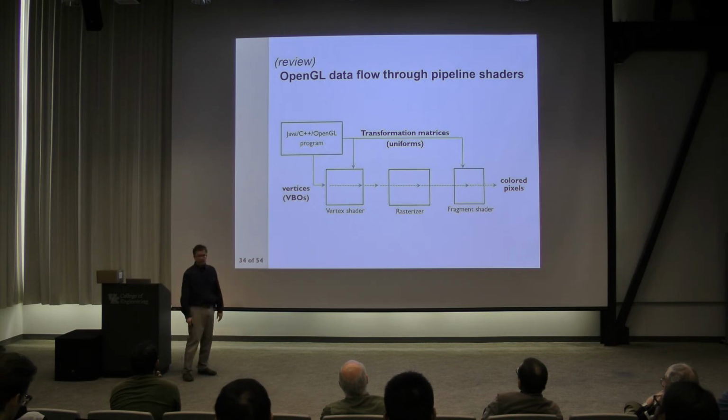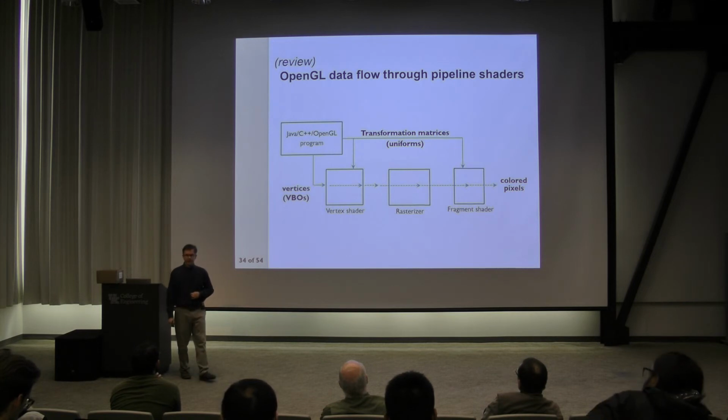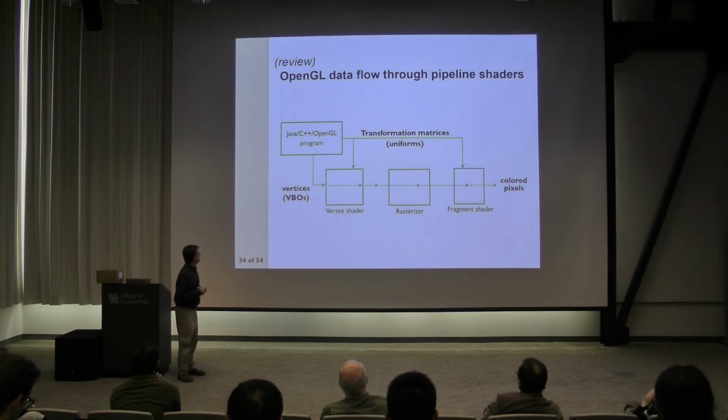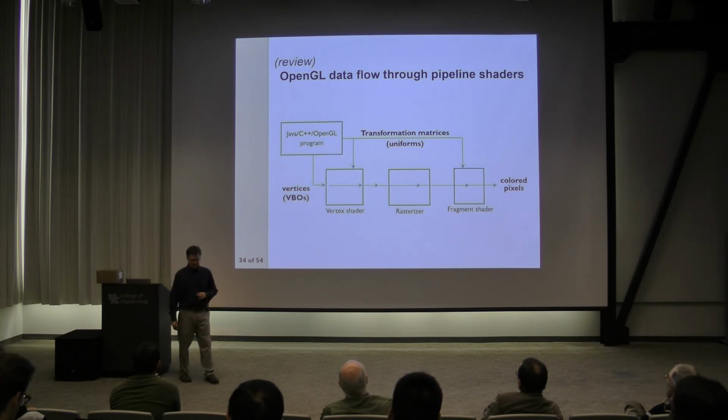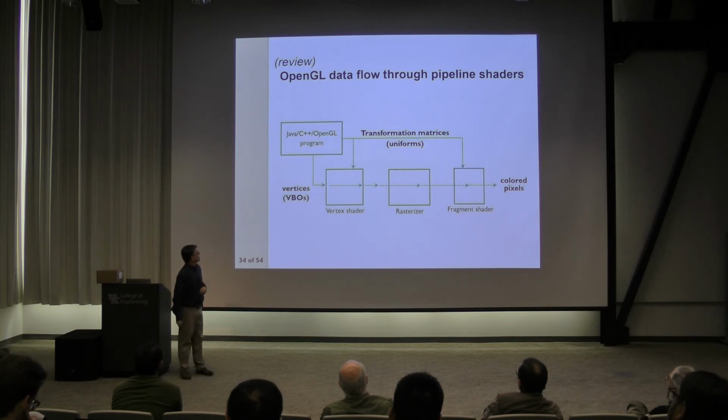Just know that rendering in OpenGL is done in hardware on what's called the graphics pipeline. Information such as vertices go in buffers called VBOs, and other things that are the same for every object, like lights, go into things called uniforms.